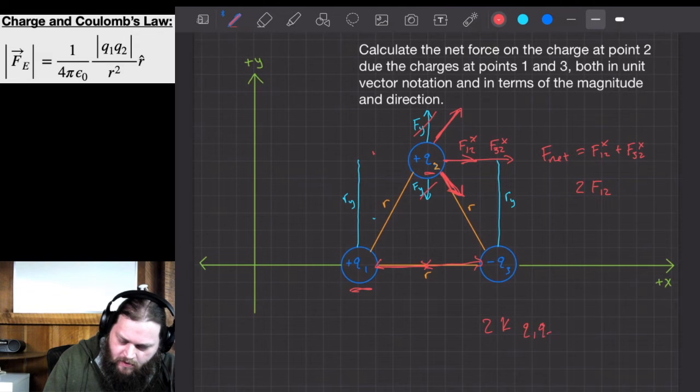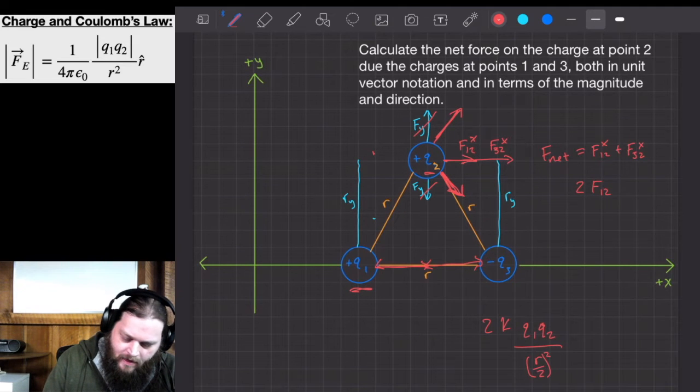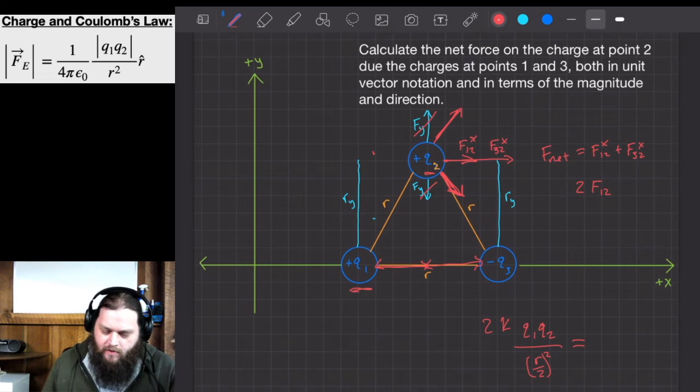Q1 Q2 over R squared. It's really R in the x, so it would be this value here. So it would be half R squared. And since we're doubling that, that is going to ultimately end up being our force.